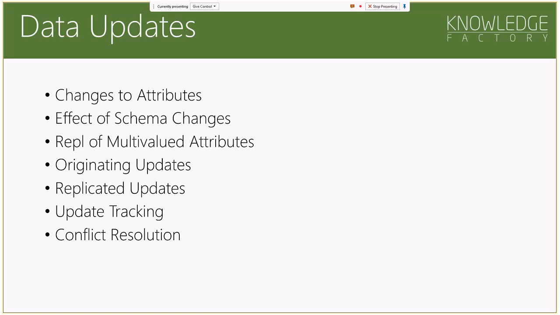And when you raise the forest functional level to enable linked value replication, you have to remember that it's not automatically converted. So, for example, if you have a very large group, let's say an environment that was created on Windows 2000, and you have a really big group with 4,000 users, and you raise the forest functional level to 2003, 2008, or whatever, that doesn't automatically convert to linked value replication.